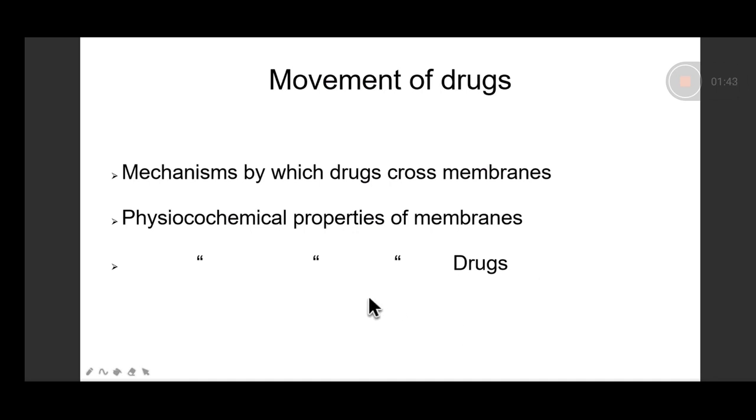So what we're going to discuss over the next 35 minutes is mechanisms by which drugs cross membranes, the physico-chemical properties of the membranes which determine movement of drugs, and the physico-chemical properties of the drugs which determine how much of the drug will move across the membrane and produce an action.